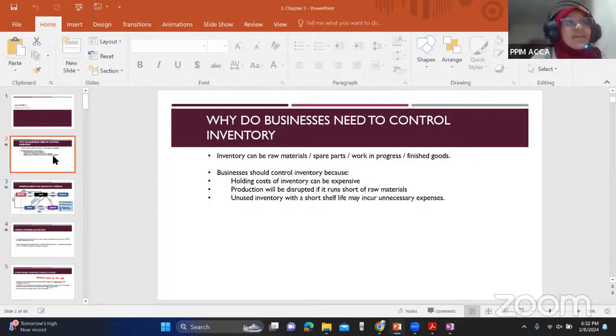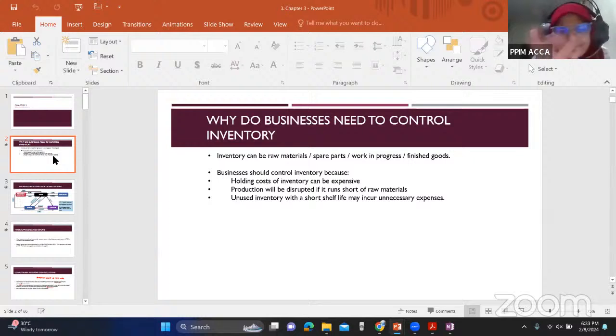You might have to rent another warehouse just to keep the inventory. So you can't just pile inventory to the extent where you're not going to use it, because then you will incur unnecessary holding costs. What is this holding cost? Things like rent. You might have insured your inventory, so the insurance cost that you will have to incur. So the cost also shouldn't be too much, but at the same time, we should not run out of inventory.